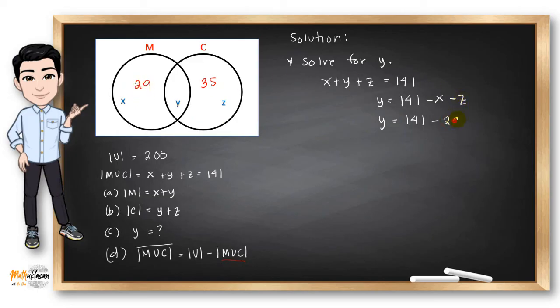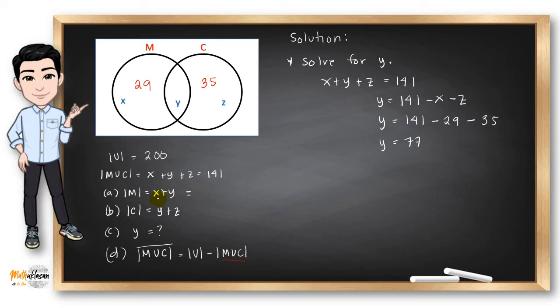So this is just minus 29 minus Z, which is equal to 35. So 141 minus 29 minus 35 is 77. Now the value of Y is 77.